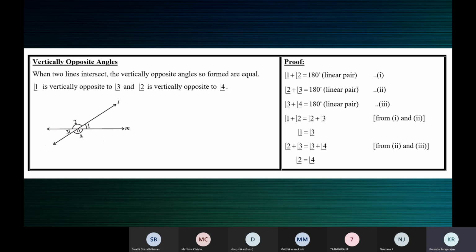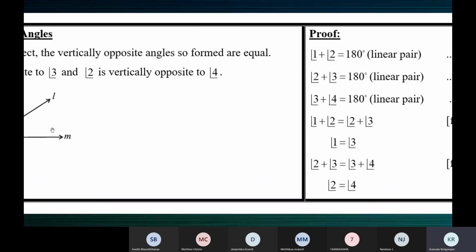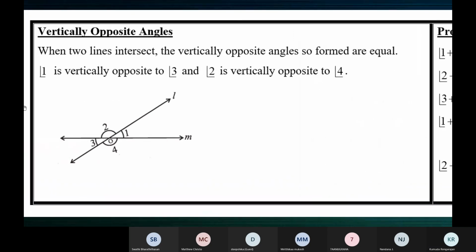On which line do angle 1 and 2 lie? Ma'am, on the line M. Yeah, so can we all see that? See here, this is the line M, and on this line we have two angles, angle 1 and angle 2.